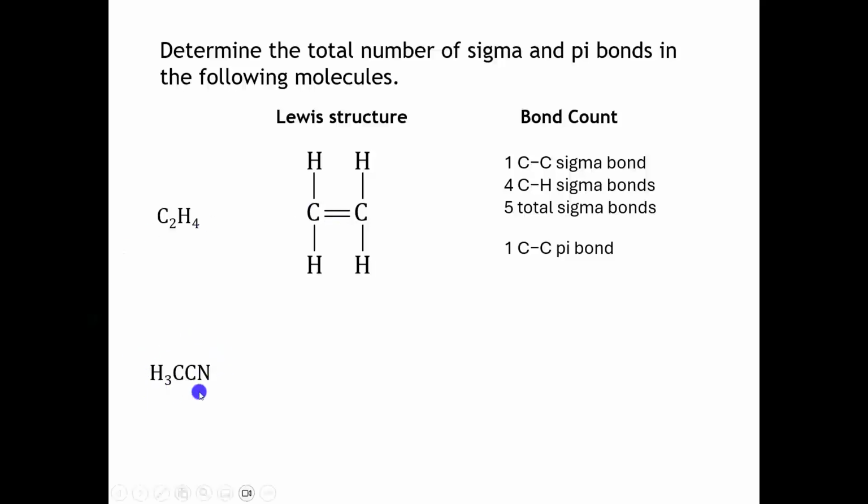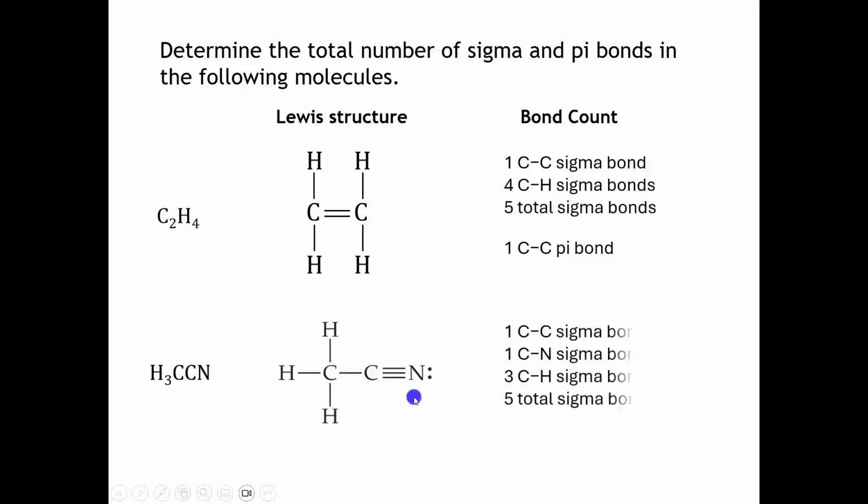In this molecule, acetonitrile, the Lewis structure looks like this. You may have drawn it in other different ways, but this is going to be the way that gives you the lowest formal charges. This is the optimal structure of this molecule. What we can see is that we have one carbon-carbon single bond, 1, 2, 3 carbon-hydrogen single bonds, and then 1 carbon-nitrogen single bond.